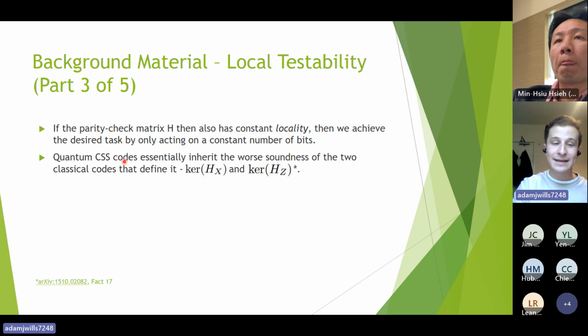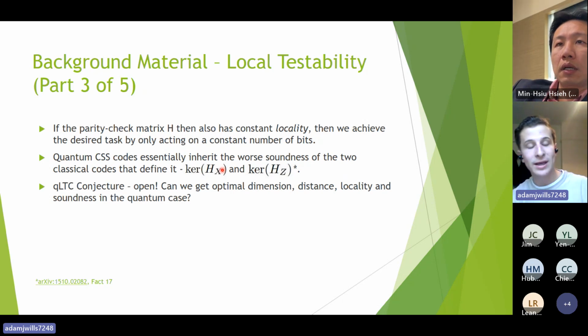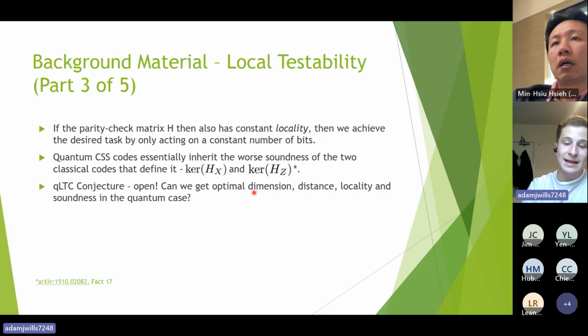So you can get good soundness on your quantum CSS code if and only if you have good soundness on the two classical codes that define it. And so then the qLTC conjecture is asking whether we can get quantum CSS codes that have simultaneously optimally scaling dimension, distance, locality, and soundness.